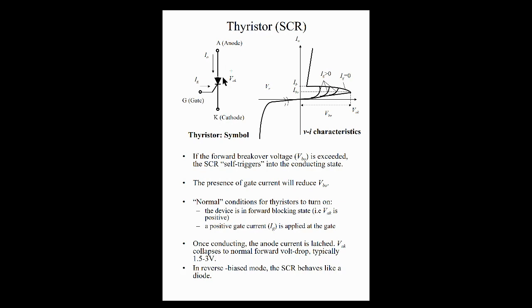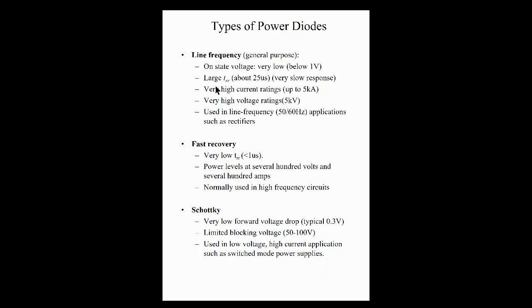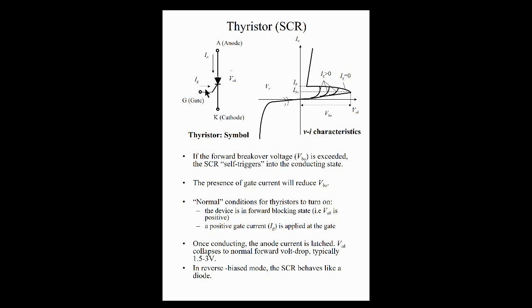All right, so this type, as you can see, it's almost like a diode if you look at it. If we just remove the gate, right? It's basically a diode. The key difference here, with the introduction of the gate, is that we're able to control the average output voltage of this device, right?